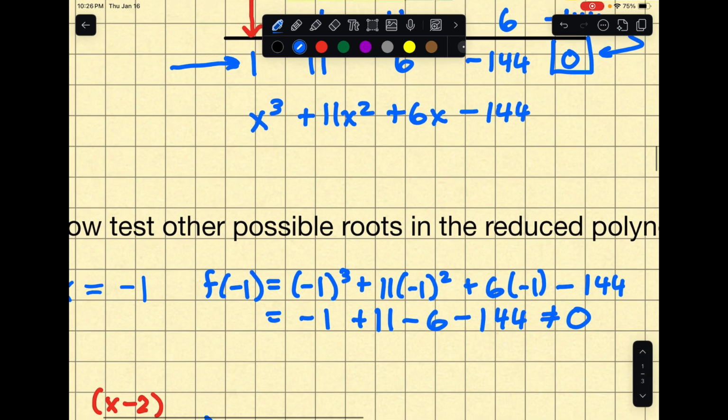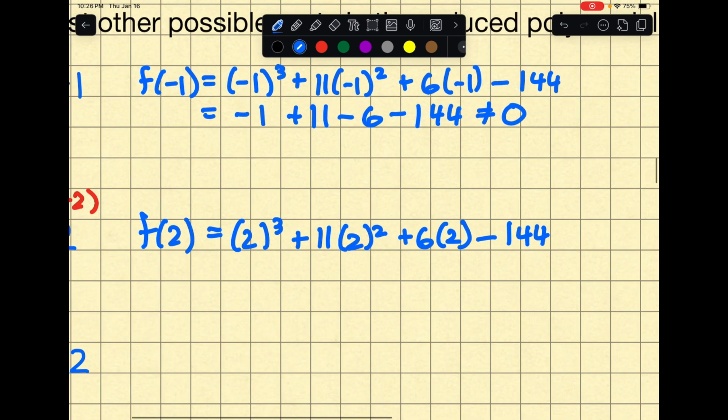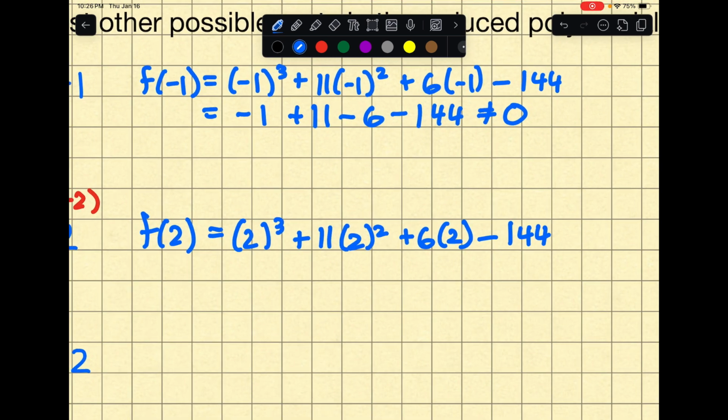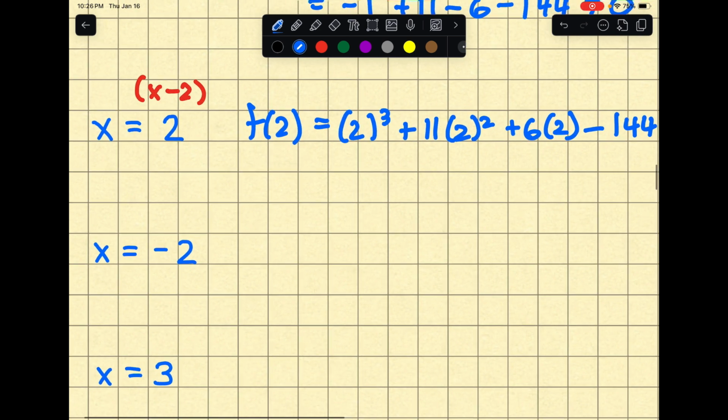Now we're putting this in the cubic polynomial. That's our cubic up there. And we get 8 plus 44 is 52, plus 12 is 64, minus 144. I don't know exactly what that is, but we know it's not equal to 0. Okay, so it looks like this one's fighting us a little bit. So we want to test x equals negative 2.